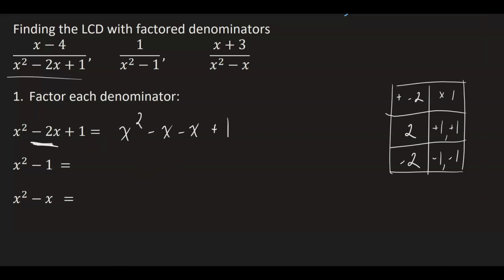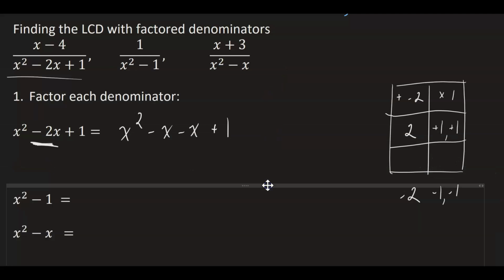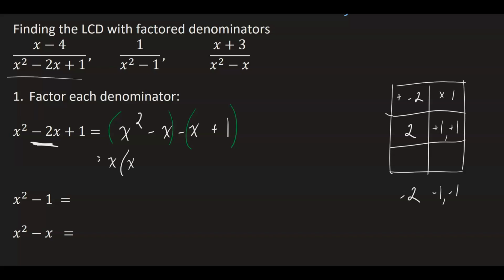And I'm actually just going to add a little bit of room below there. So that becomes, remember what we did here? We have to group them and factor. So factor out an x from here. We're left with x minus 1. There's a 1 in front.